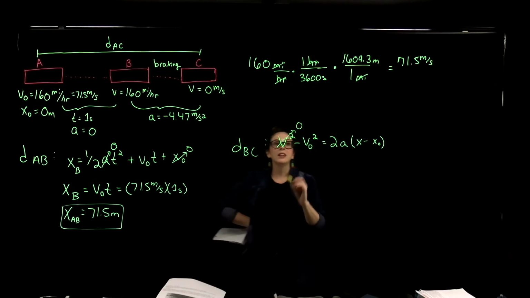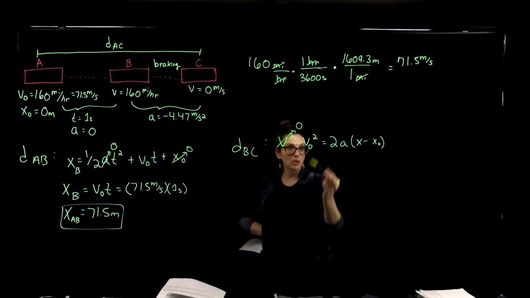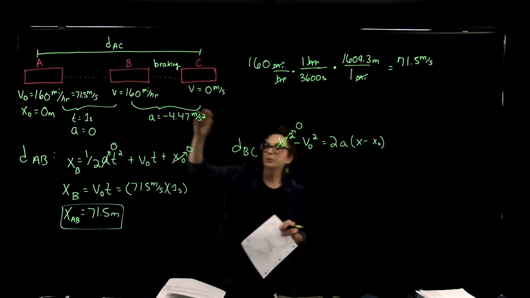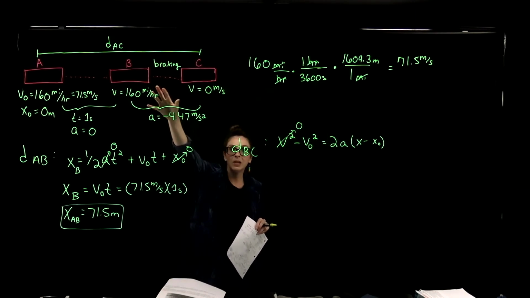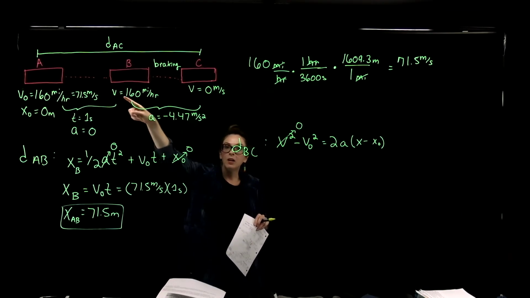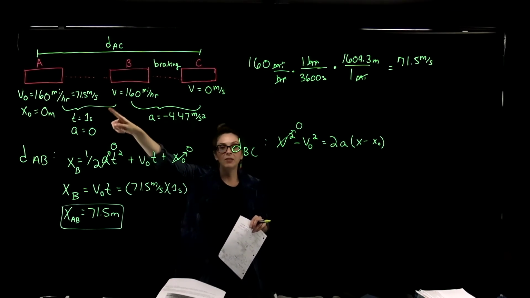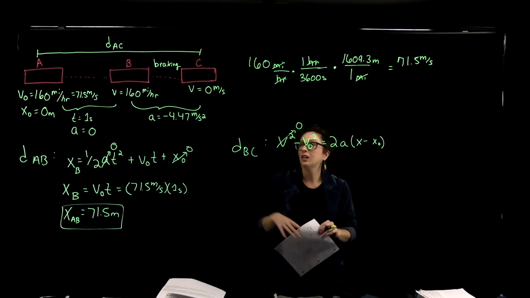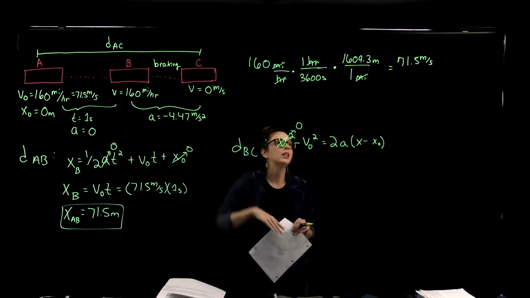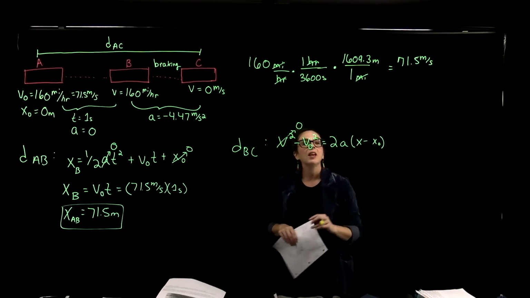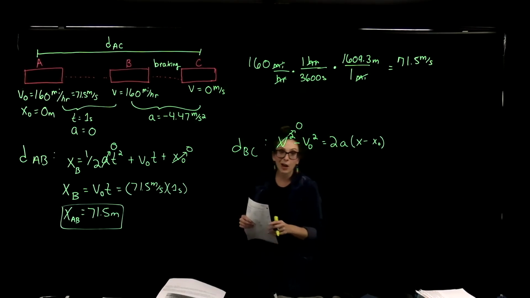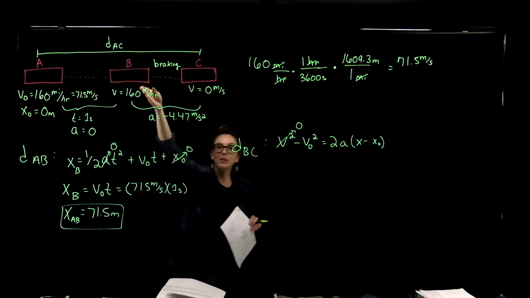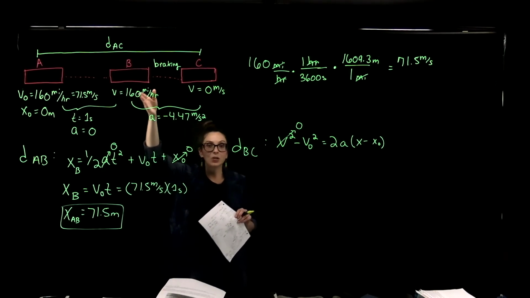Now the v sub 0 squared term is our initial speed for this segment BC, which would be our 160 miles per hour, or 71.5 meters per second. Our acceleration is minus 4.47 meters per second squared. For this segment, our initial position is going to be 0.